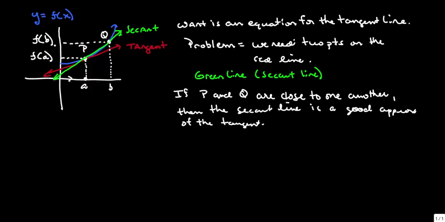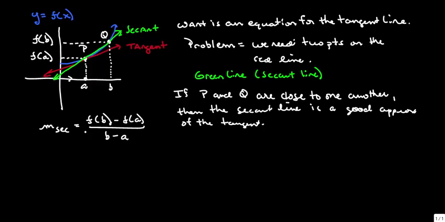First, let's do the slope. The slope of the secant is equal to f of b minus f of a, over b minus a. This is the difference in your y values, y2 minus y1, over the difference in your x values, x2 minus x1.